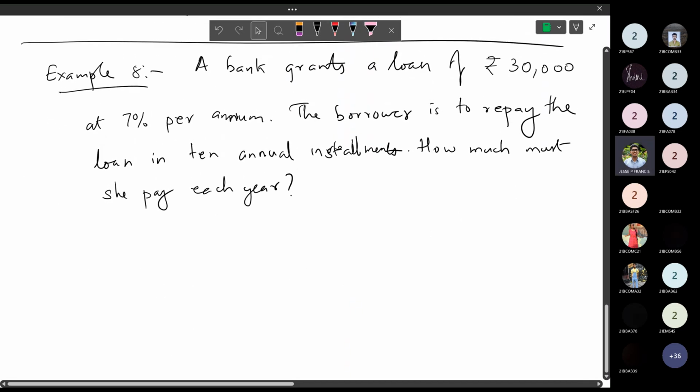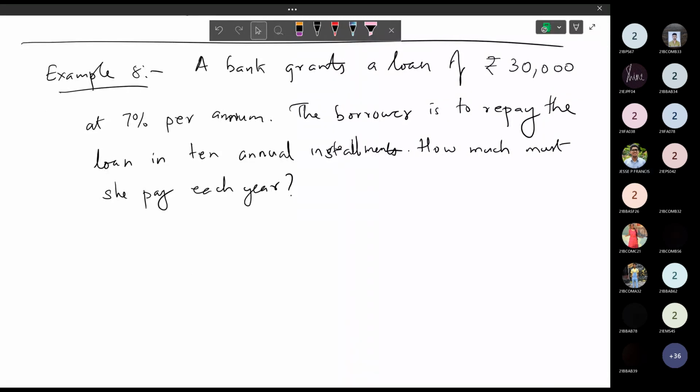Can you calculate and send the answer in the chat box? What do we do? Either use the full formula or use the table.